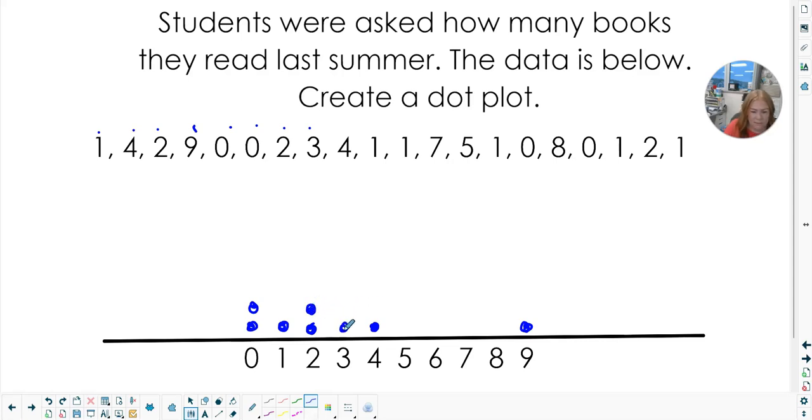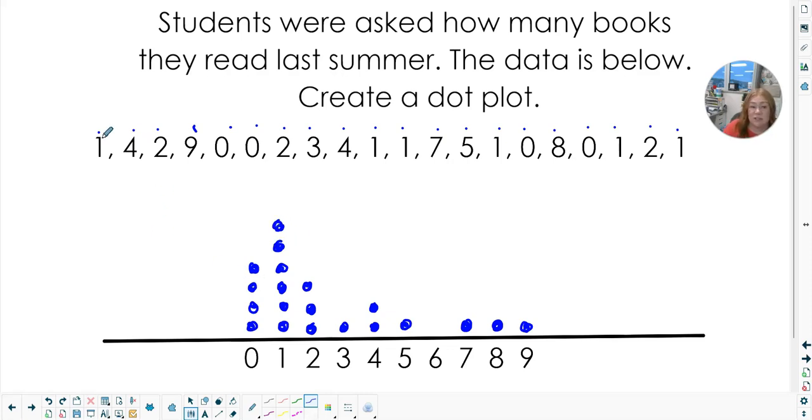And a 3. And a 4. No, there's our 4. A 1 and a 1. And a 7 and a 5. 7, 5. 1, 0. 8, 0. And 0 there. Then 1, 2, 1. So a 1, a 2, and a 1.